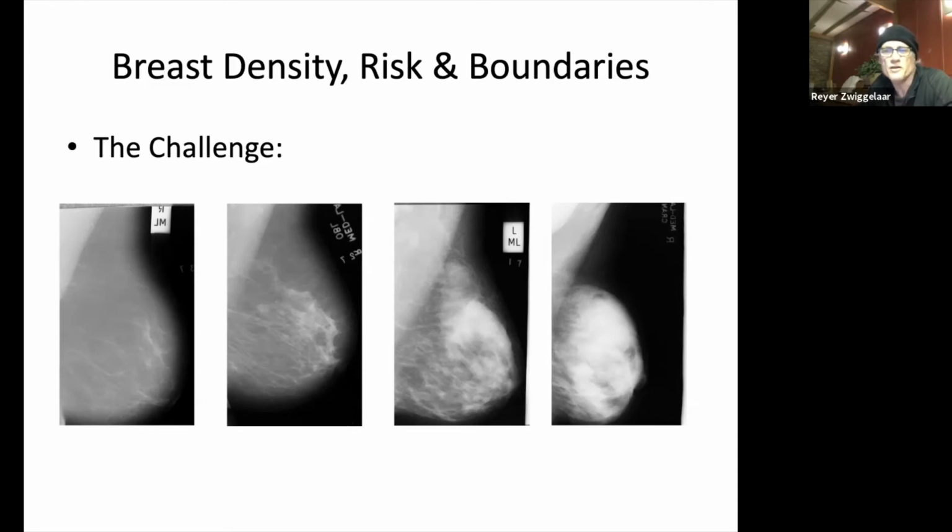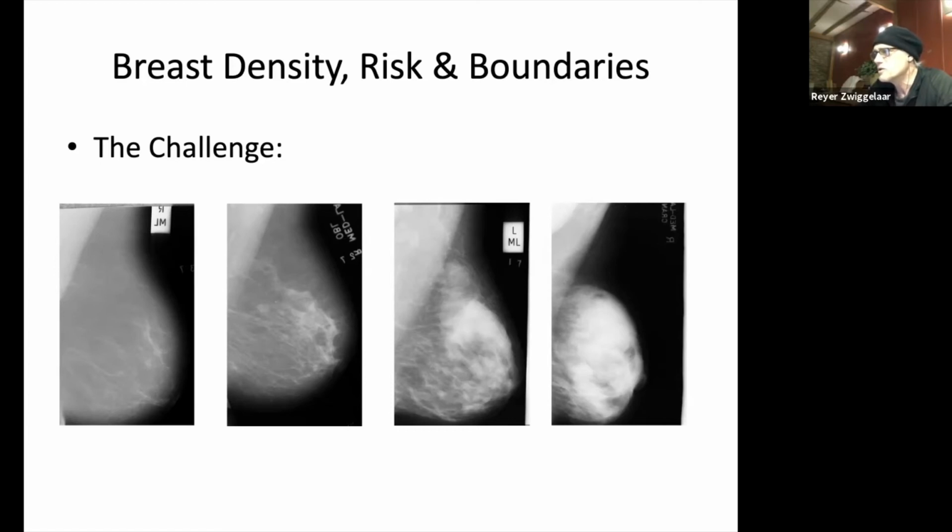Added to that is, hopefully you can understand this as well, that if you've got an abnormality in the left-hand breast, then it's easier to spot than the same abnormality in the right-hand breast. So there are different scoring systems for this, and different ways of using this bit of information.